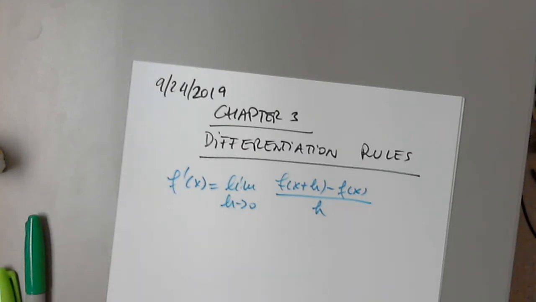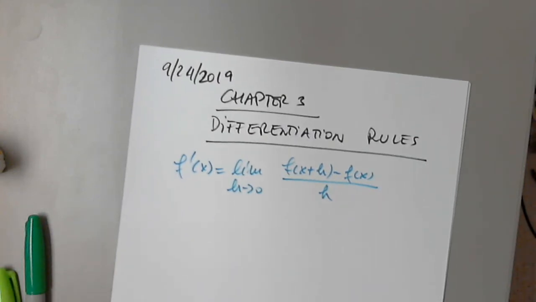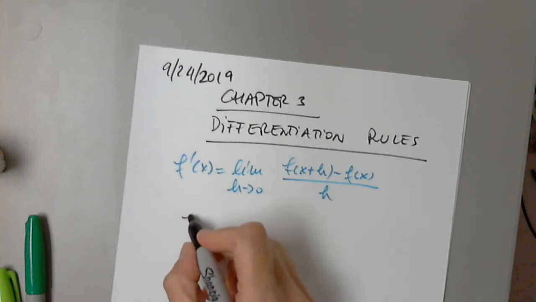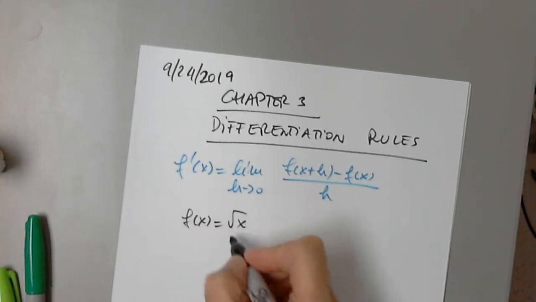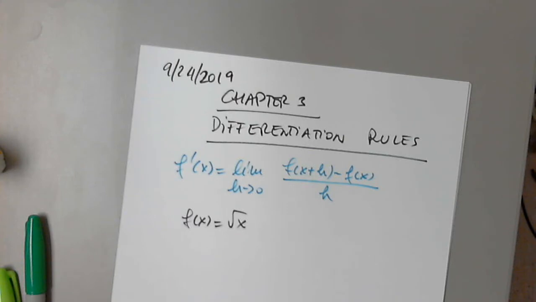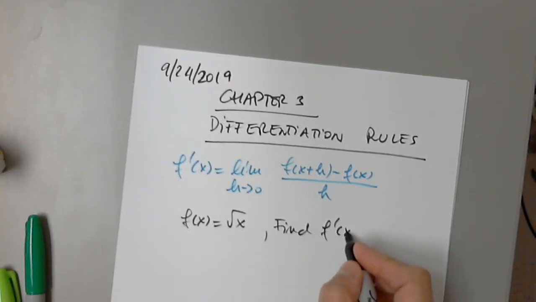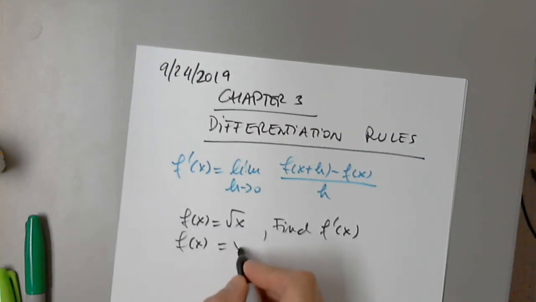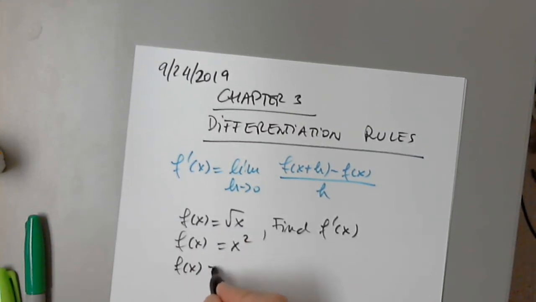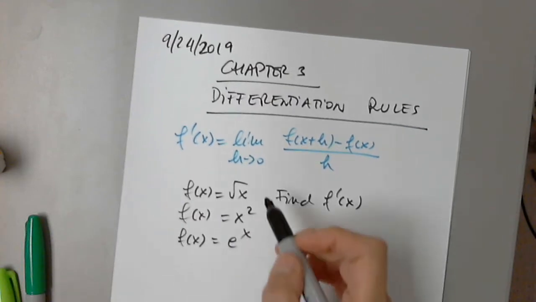So there are a few very important functions. For example, let's look at f of x, which is the square root of x, and let's say we want to find f prime of x. Also, f of x equals x squared, and also f of x equals e to the x.